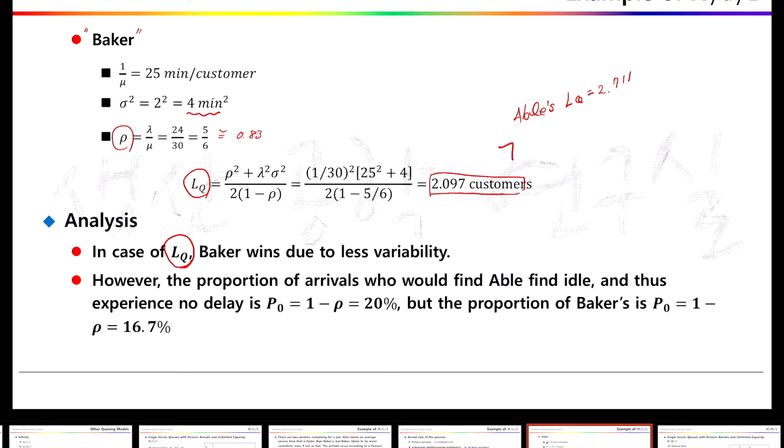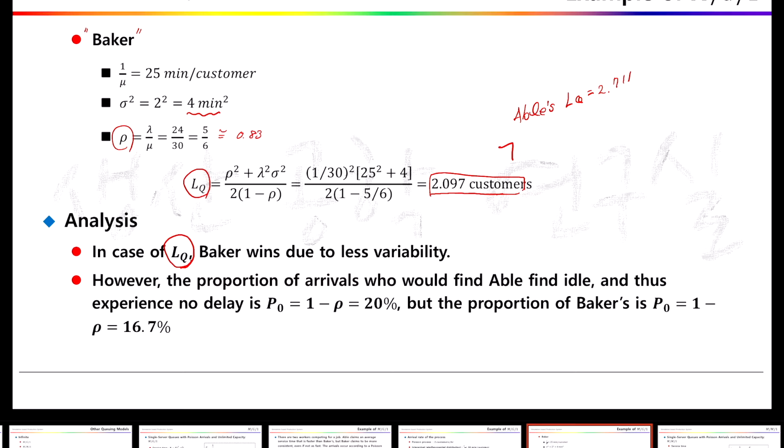It means that if Baker is working, then fewer customers are waiting, compared with the case of Abel working.